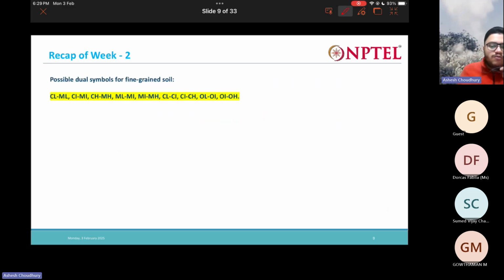Possible dual symbols of fine grained soil: CL-ML, CI-MI, CH-MH, ML-MI, MI-MH. Those will be happening when, say, this is the plasticity chart, this is IP, we have liquid limit here. This is the A line.